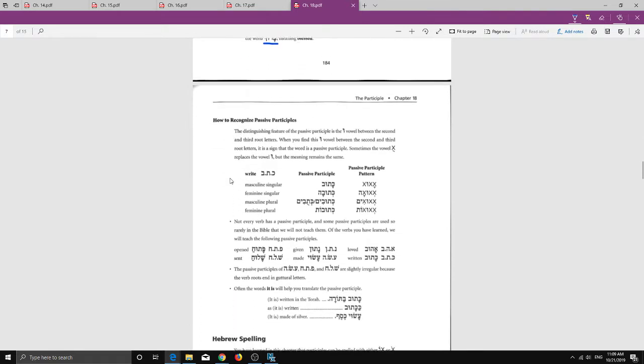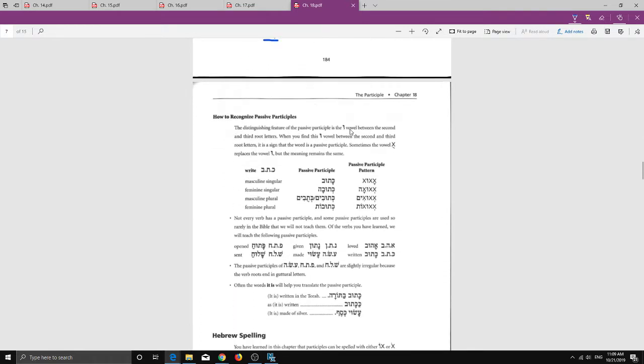Okay. So just kind of going through this, looks like we've already talked about this section. We'll go over it again just quickly. So again, with the passive participle, a U class vowel is between the second and third root letter. Now typically this will be a shurek, okay, but it could also take the form of a kibbutz.